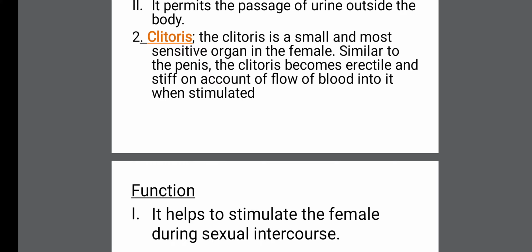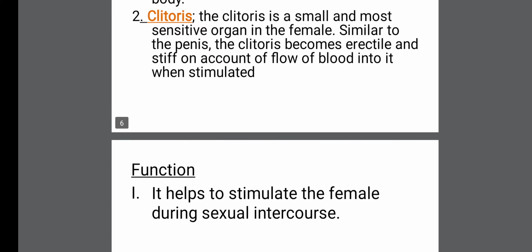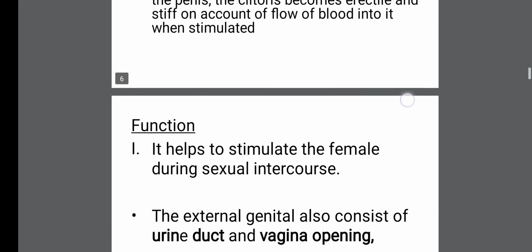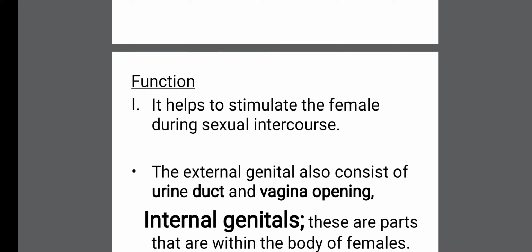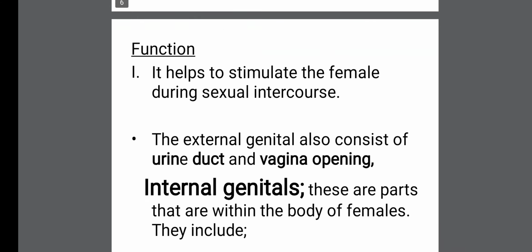I remember I taught you that whenever the penis is stimulated, blood flows into the penis and makes it stiff or hard. Then further, it can lead to ejaculation and so on. Same with the clitoris. The clitoris becomes erectile whenever there is blood flow, and blood flows through it whenever it is being stimulated. The function of the clitoris is that it helps to stimulate the female during sexual intercourse.